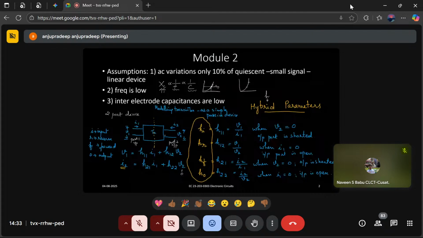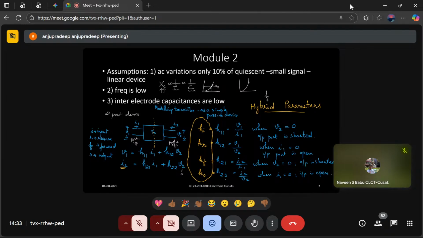Whereas in H12, that is the reverse direction, you are finding the effect on V1 because of the voltage applied at V2. So that represents HR, R stands for reverse, and HF means the forward direction. So it is I2 by I1.